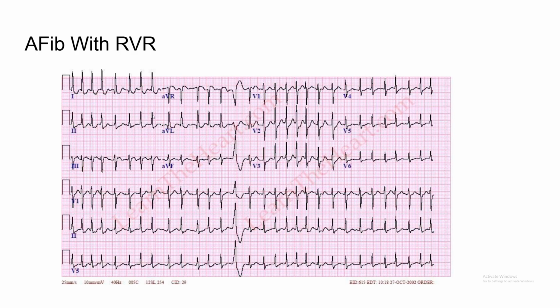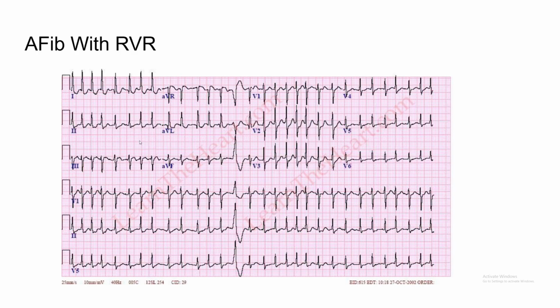The rate is about 160. It is irregular. All the QRSs are not evenly spaced out. The complex is narrow. There's no PRI since there's no P wave here.